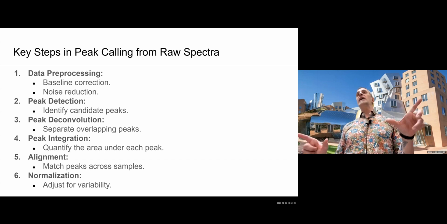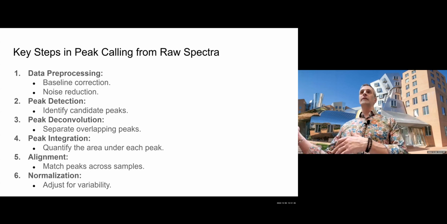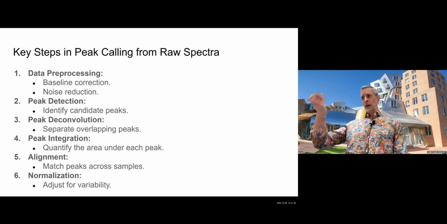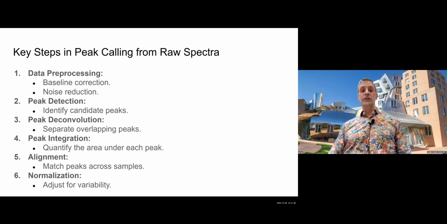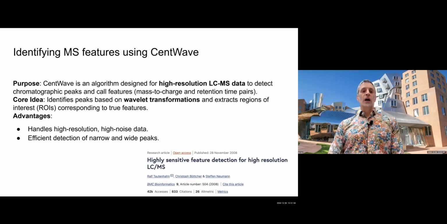We need to be able to take these raw spectra from one run and then align them and figure out, in this two-dimensional space of m/z versus retention time, which peaks correspond to which peaks. Okay, so there's a number of software packages out there. I think CentWave is one of the popular ones, which is fairly good.